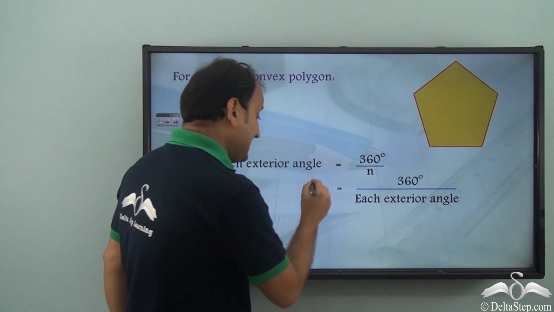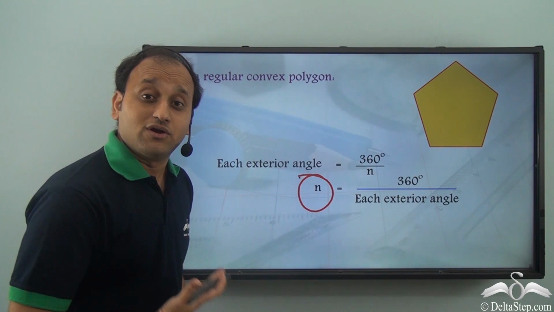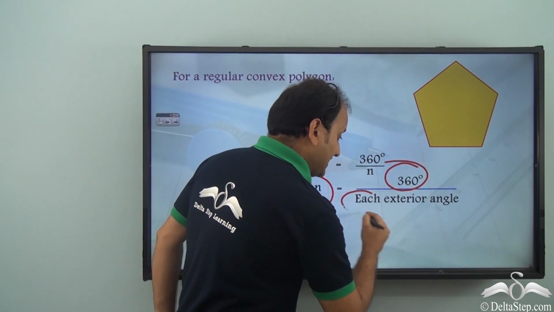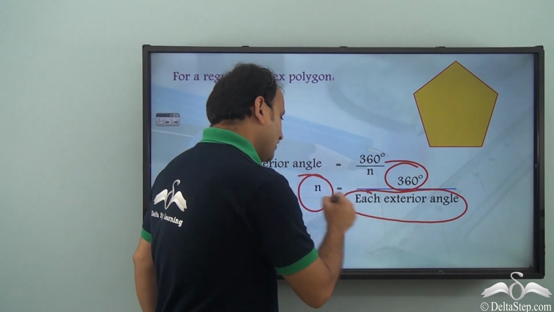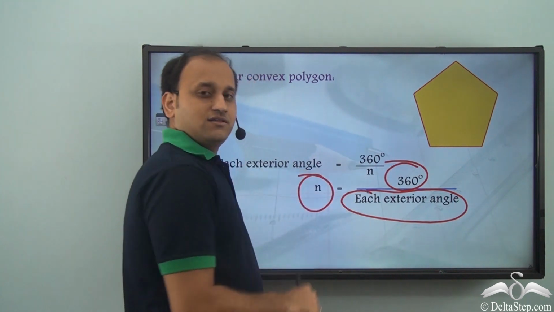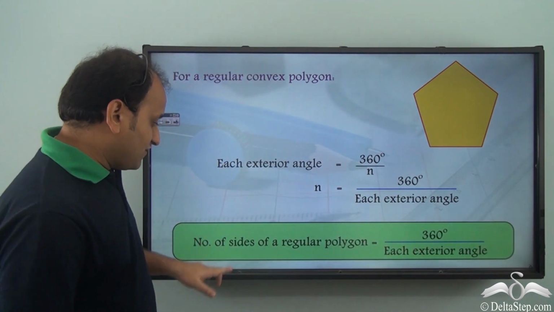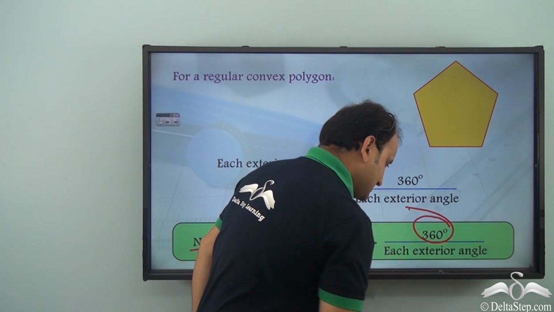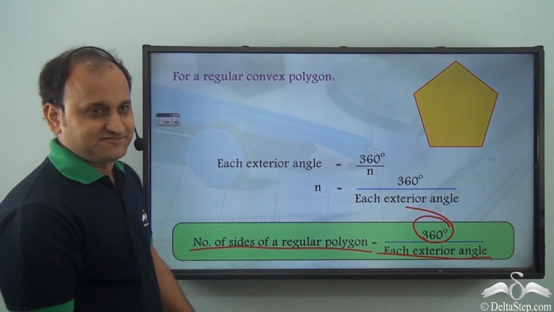So the number of sides of a regular convex polygon will be 360 degrees divided by each exterior angle. If you have any of these two values, you can find the other.